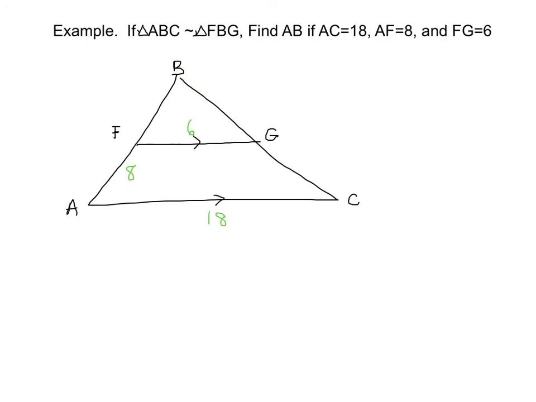The big bottom, AC, over the little bottom, FG, will be equal to AB, the big left side, over the little left side, FB.